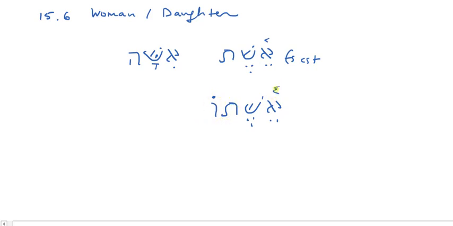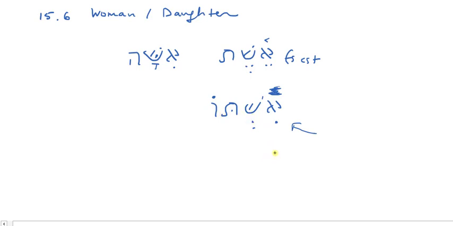And when I lose my stress, as we saw before, I'm going to get a silent sheva under the second root letter and a short vowel under the aleph, which in this case is going to be a hiriq. So it becomes ishto. So eshet, the wife of someone. Ishto, his wife.